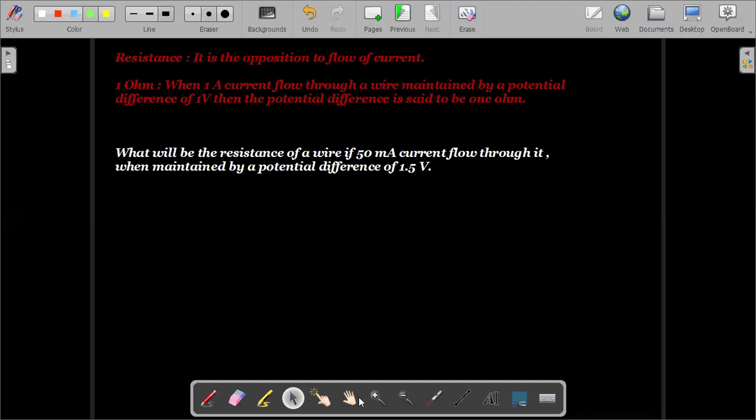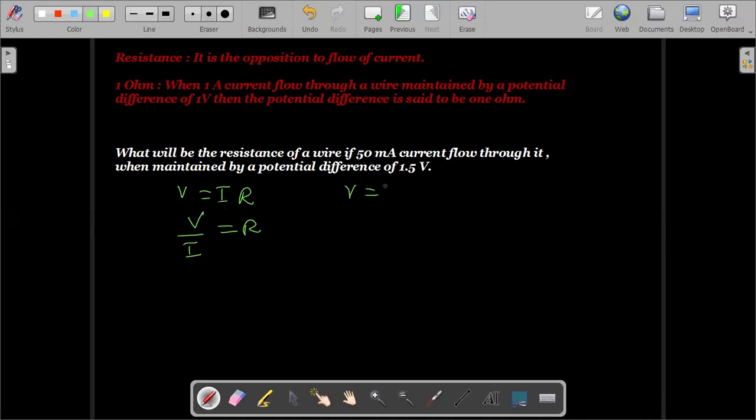So see, this is how you get the answer. You get V equals IR. So we have to find the resistance. The resistance R will be equal to V over I. So let's try to have standard units.